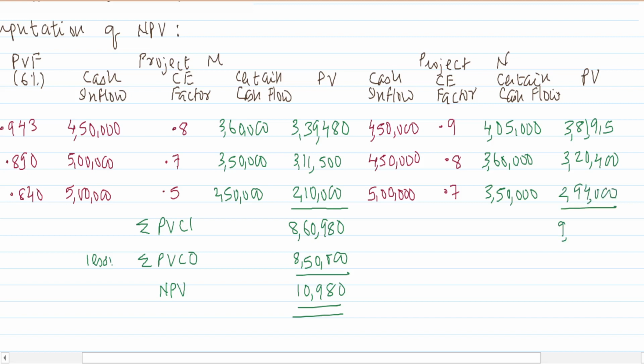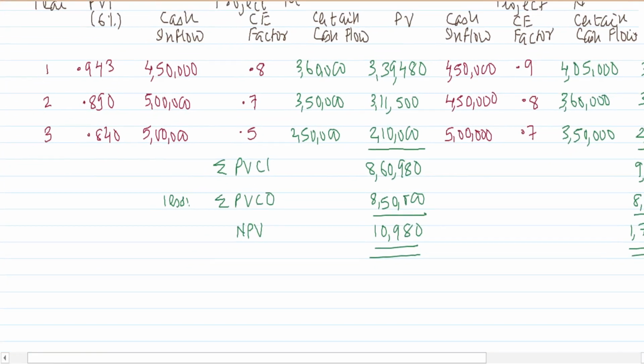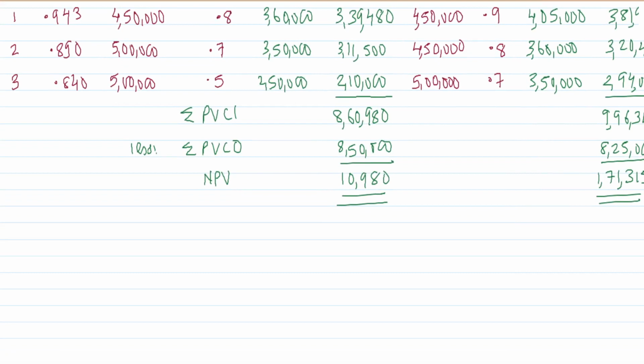Total 9,96,315. This is costing 8,25,000. We get 171,315. So we are in a position to work out the NPV. Whichever project has higher NPV, that will be selected.